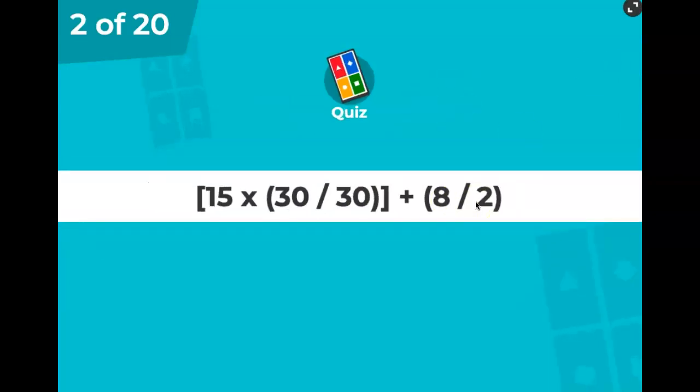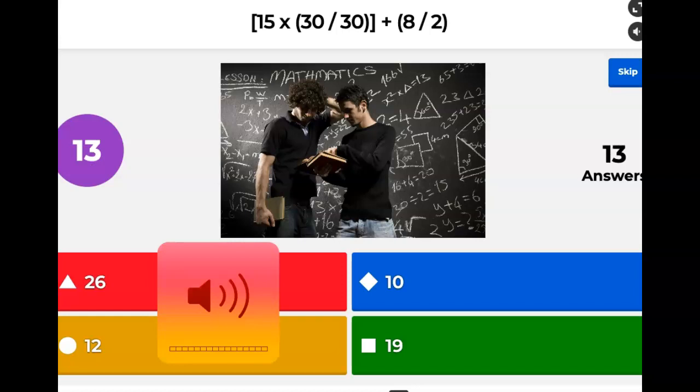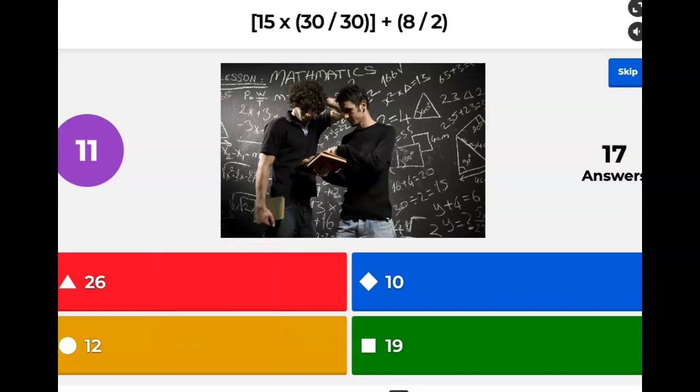Question number 2. Simplify this problem. Let's go. Be careful. Order of operations is still at work. Do you have a fraction or a division?